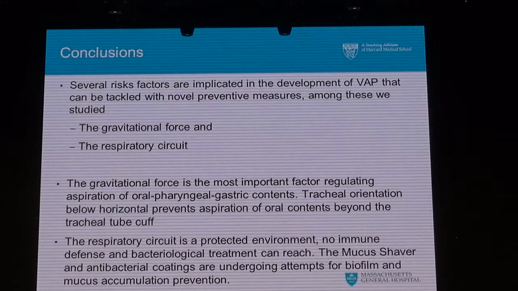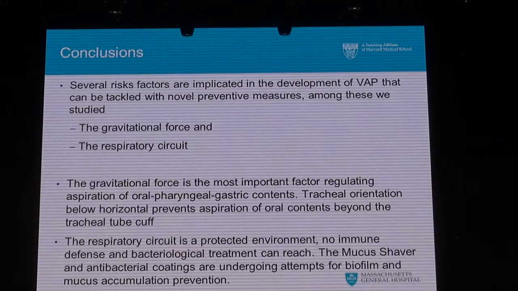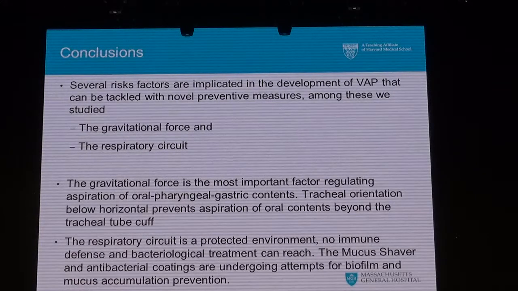And in conclusion, for the first part, which deals with the internal lumen of the endotracheal tube, I think that what we learned is that the major issue for preventing aspiration is really just a gravity issue.